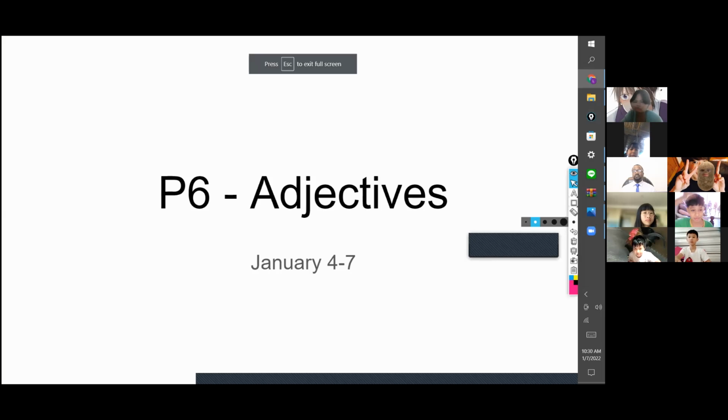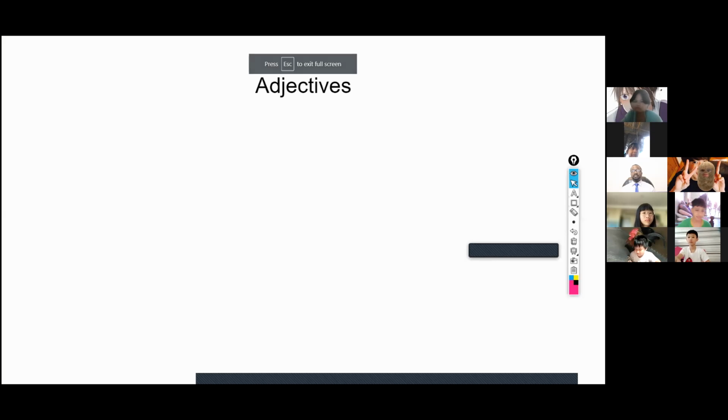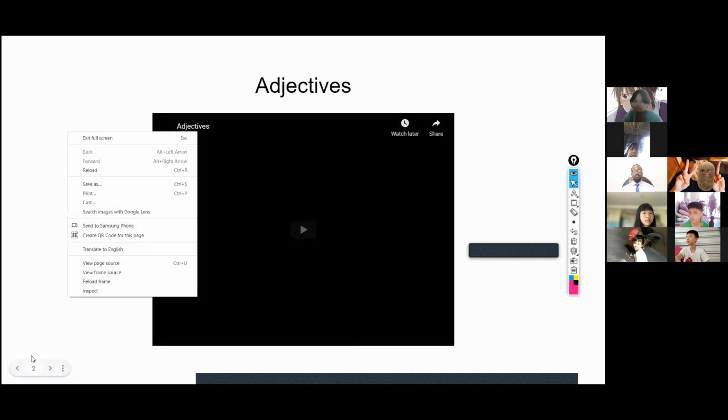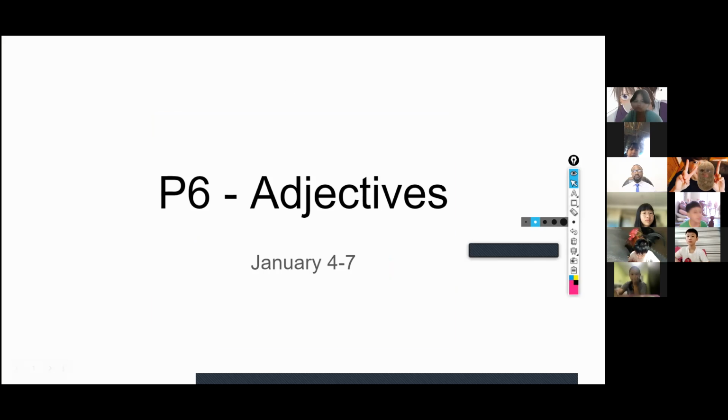And guys, we're going to be focusing on a term called adjectives, okay? So let's go back one, just to make sure we understand. Now, adjectives are words that are used to describe a noun. So let's put it here.